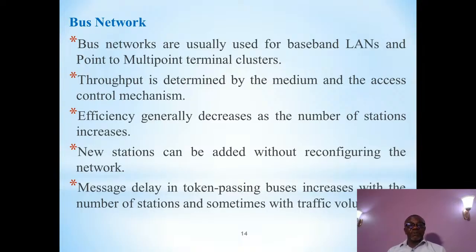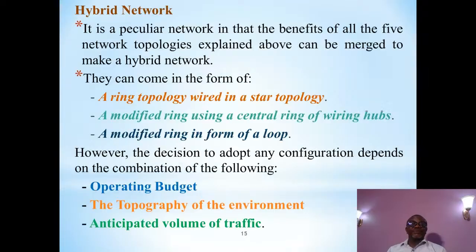You see, efficiency decreases as the number of stations increases, but it is very easy to reconfigure your system and add new stations without doing much work. So message delay in the bus network, in token passing buses, increases with the number of stations and sometimes with traffic control.